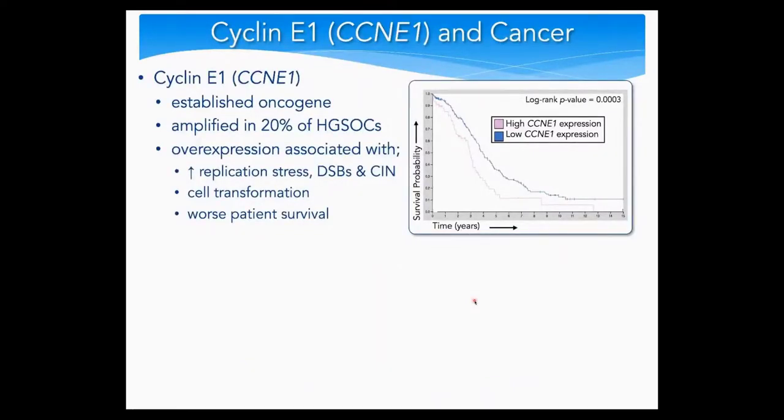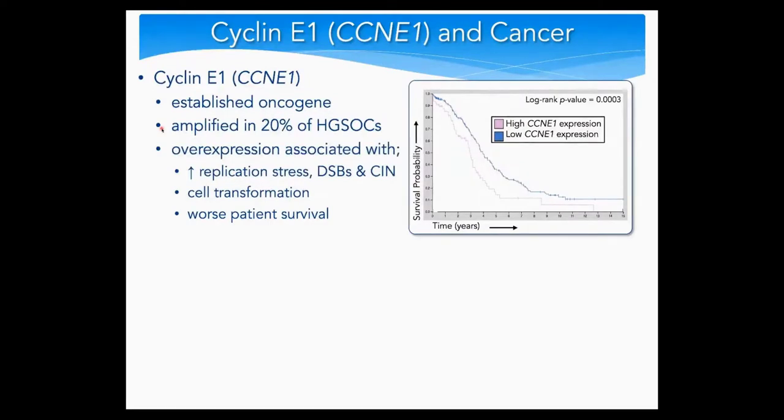So she really wanted to know, well, what could be the mechanism that connects SCIP1 silencing with all of these particular defects? And so through literature searches, she came up with cyclin E1. Cyclin E1 is very interesting for a variety of reasons. First and foremost, it is an established oncogene.